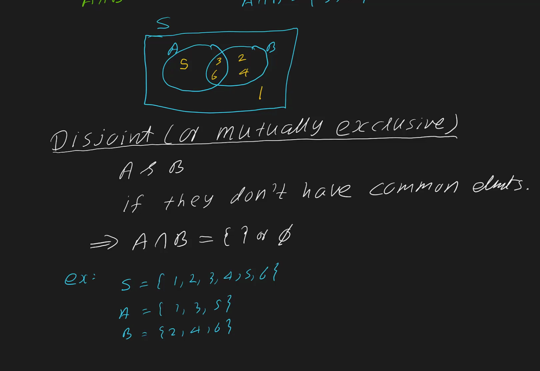So, do you see any common elements of A and B? No. Therefore, A and B are disjoint, or we know A intersection B is empty. Therefore, A and B are disjoint or mutually exclusive.